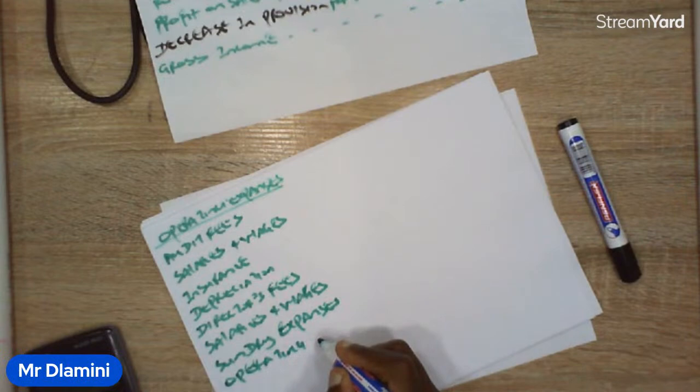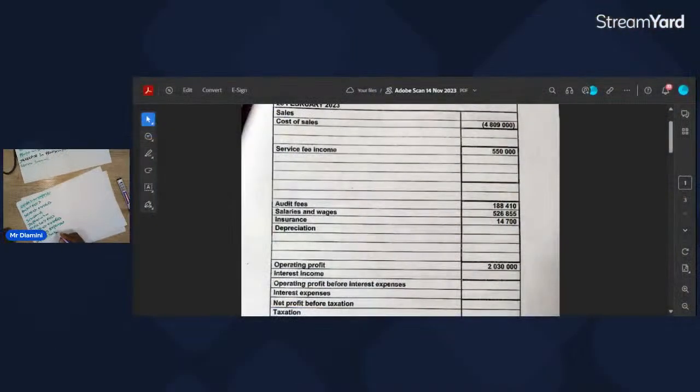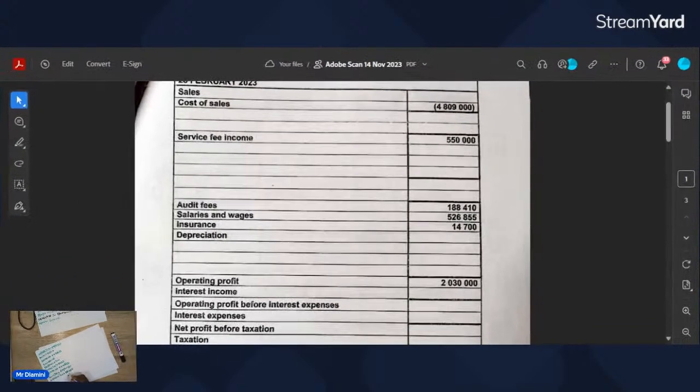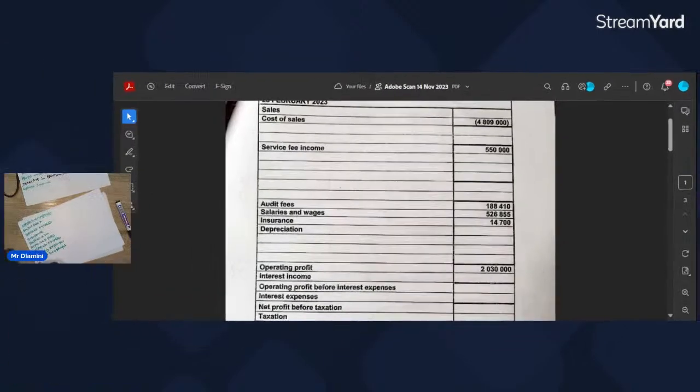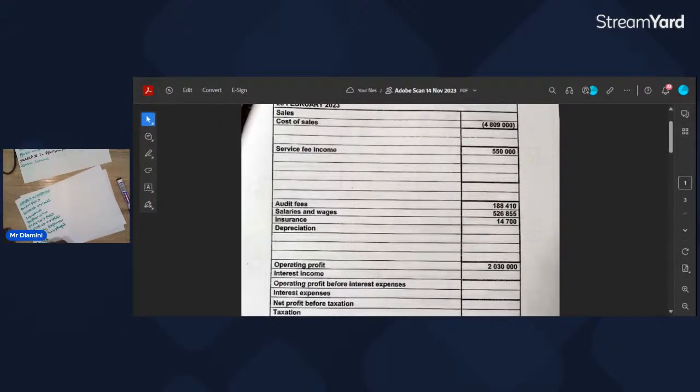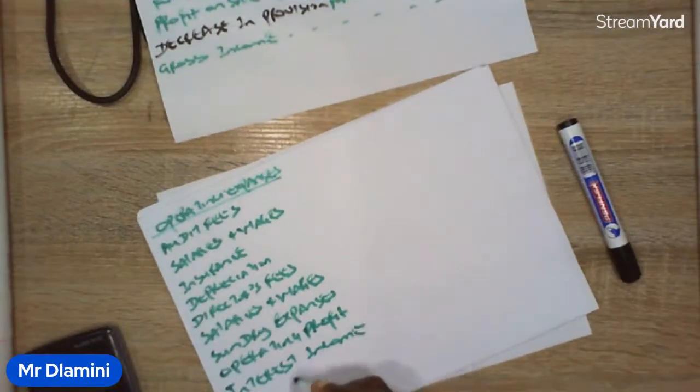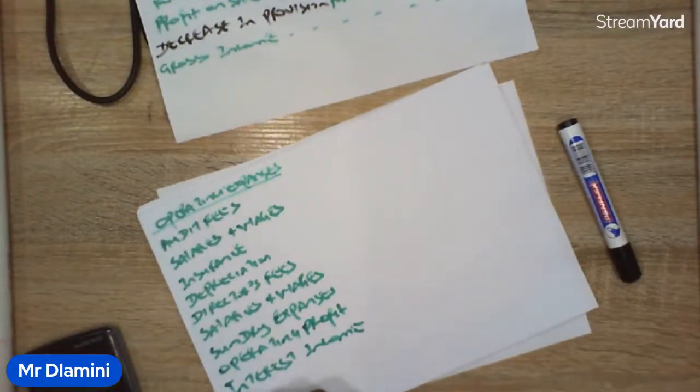Okay, operating profit. Now we get operating profit here. After operating profit is note number 1, interest income. After interest income is operating profit before interest expense, right?